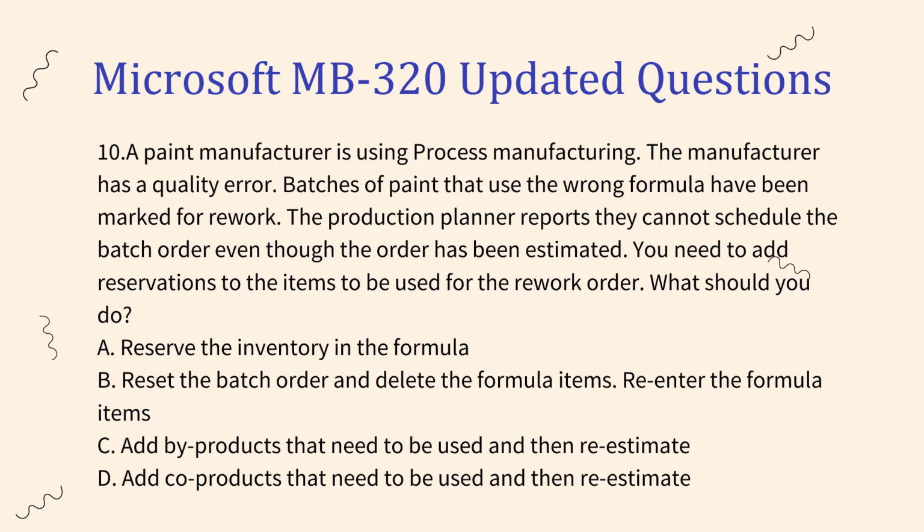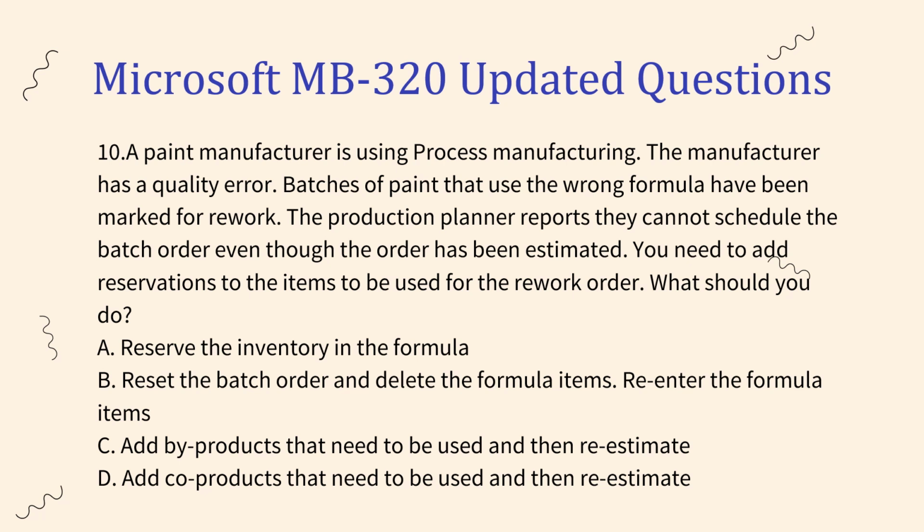10. A paint manufacturer is using process manufacturing. The manufacturer has a quality error. Batches of paint that use the wrong formula have been marked for rework. The production planner reports they cannot schedule the batch order even though the order has been estimated. You need to add reservations to the items to be used for the rework order.